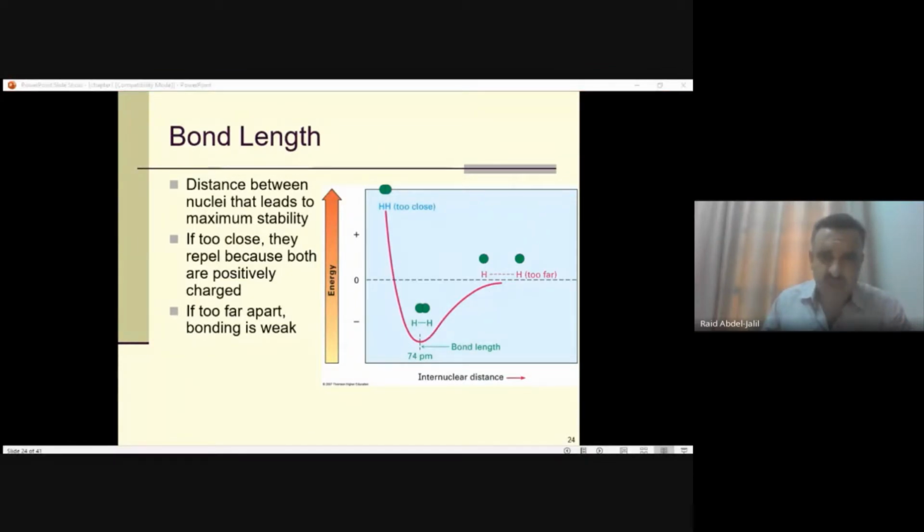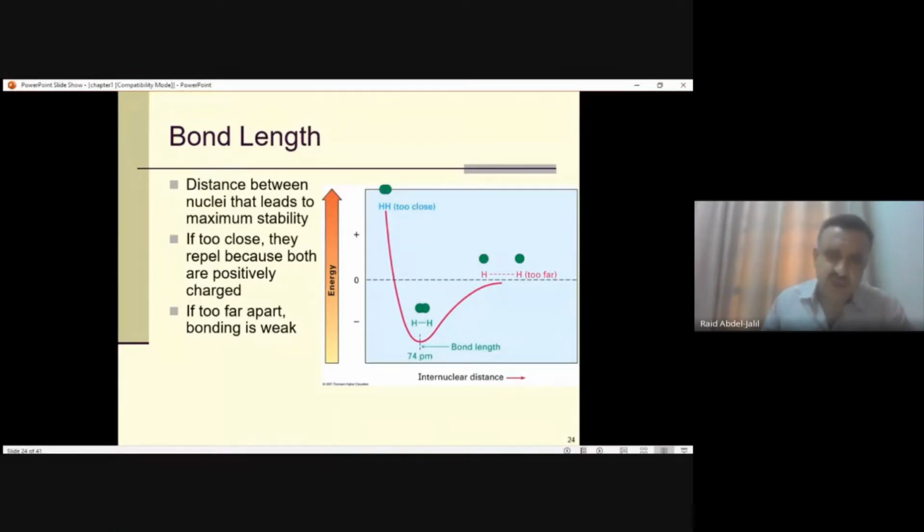Now, when the two hydrogens come closer to each other, the nucleus in this hydrogen starts to feel the attraction of the electron in the other hydrogen. The same thing applies to the other hydrogen: its nucleus starts to feel the attraction of the electron in this one.